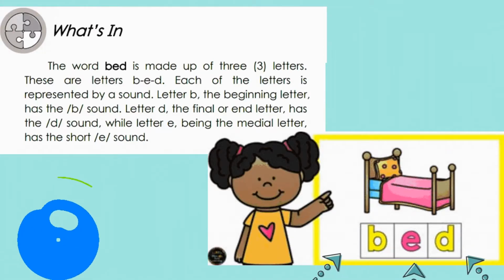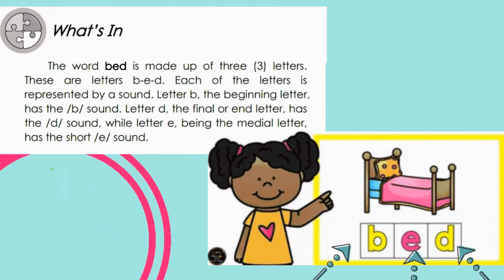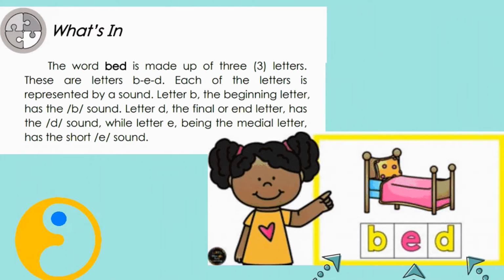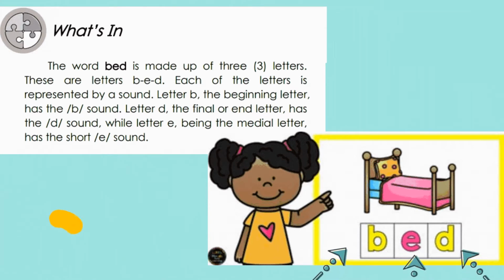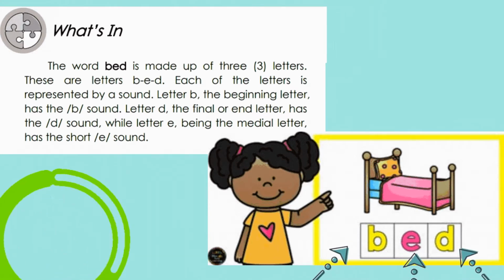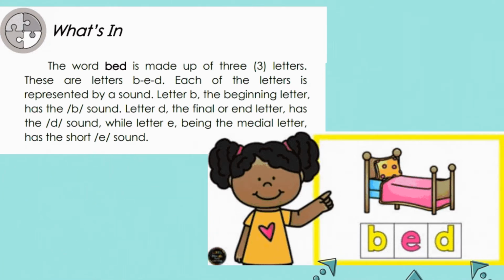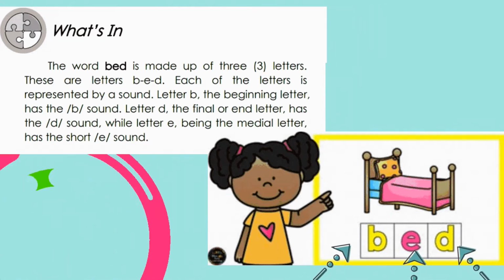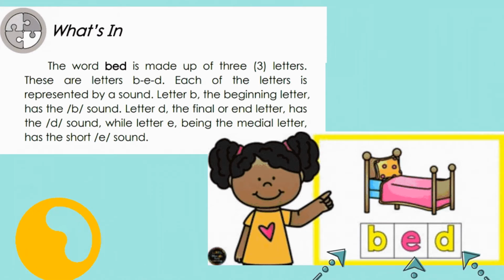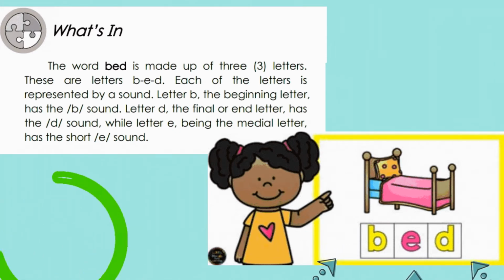As we learned, a word is made up of letters, and in reading words, we have to sound out all the letters together. There are words that could be read or decoded by blending the sounds of the letters. Under What's In, the word bed is made up of 3 letters.